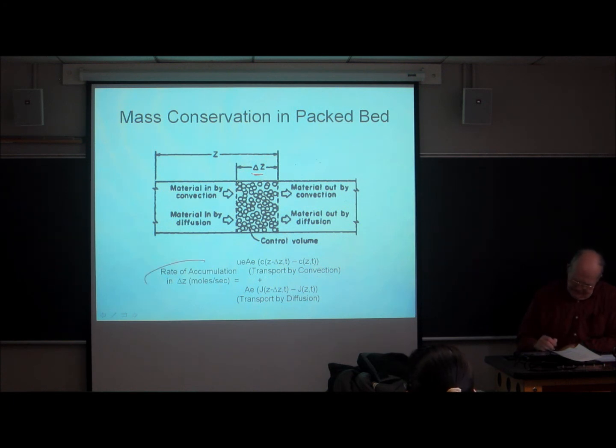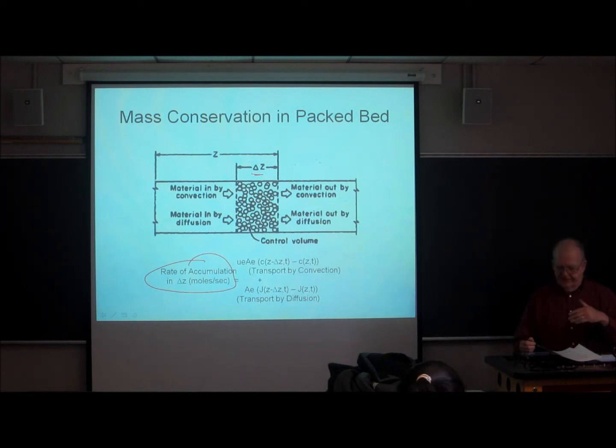So the rate at which stuff accumulates in this element delta Z is the net effect of convection in and out and diffusion in and out. So the way we compute convection is the velocity times the area, which is flow. We're going to assume an incompressible fluid so that the flow into the cell and the flow out of the cell is the same. It's exactly the problem I had you work last week.